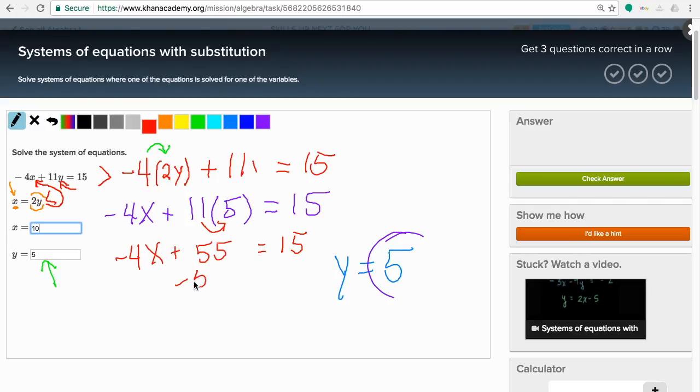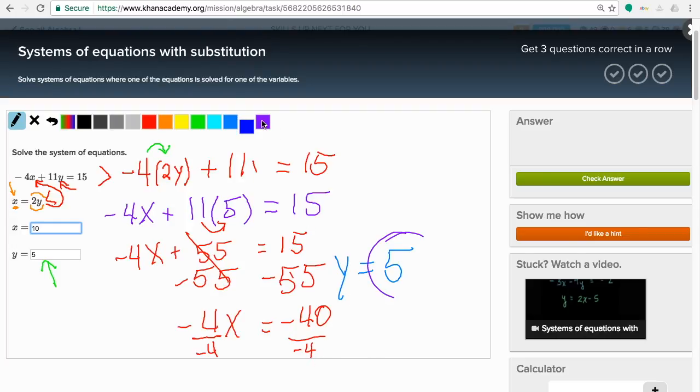We need to get x by itself. So let's move this 55 over. You can see this is already getting complicated. So taking this off, we'll have negative 4x over here, and that is negative 40. All right, negative 40, and we'll divide both sides by negative 4. Now, like I said, we can still do this.